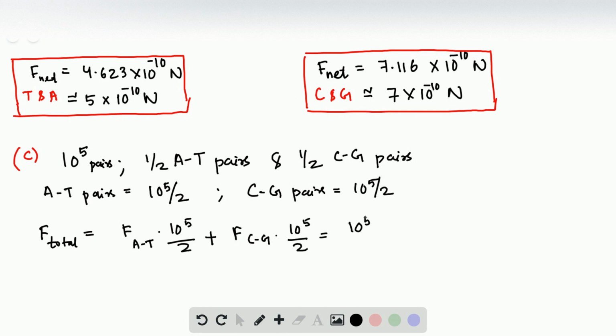This gives 10 to the power 5 over 2 times FAT plus FCG.